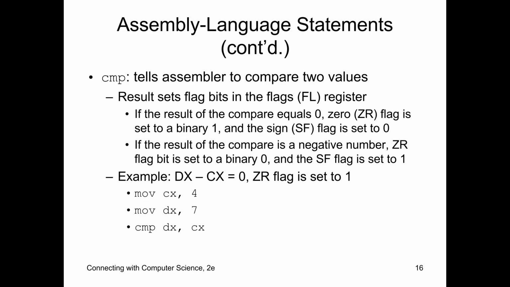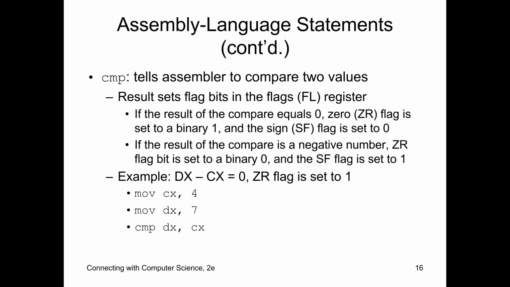So, okay, back to compare. It compares two values. So notice here that the result sets flag bits in the FL register. So you're comparing two numbers, then you have to check whether the FL register is 0 or 1. Again, everything is binary, right? So you're going to compare two numbers.